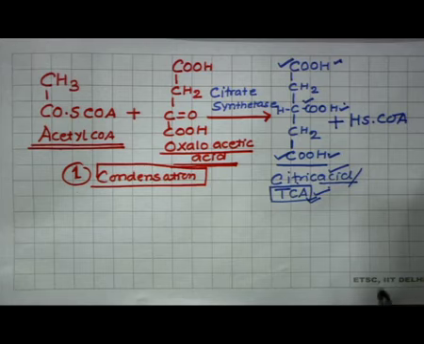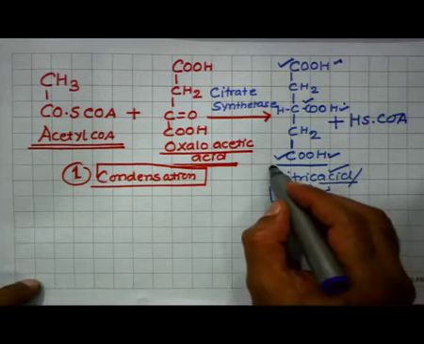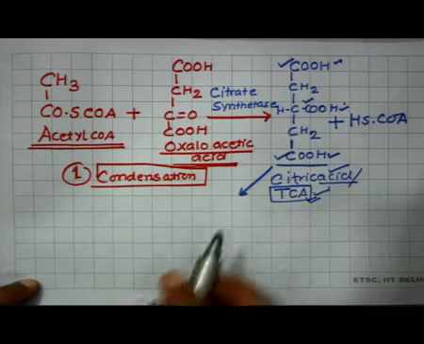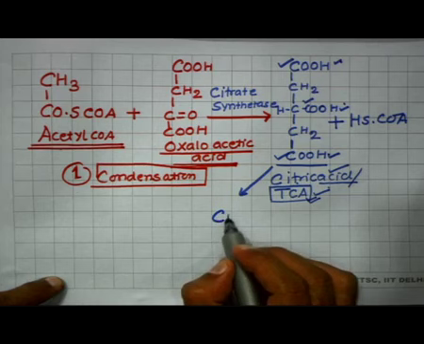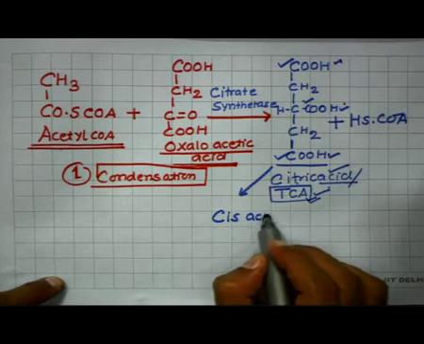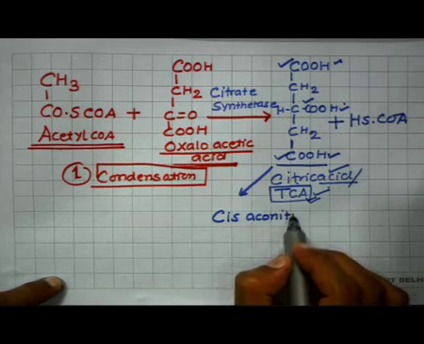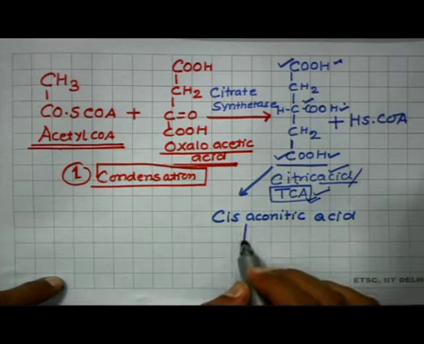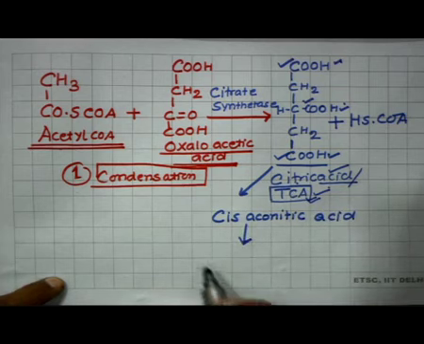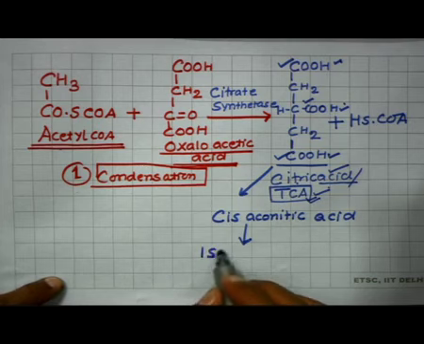In isomerization, what happens? This citric acid is converted into cis-aconitic acid, and cis-aconitic acid is again converted into isocitric acid.